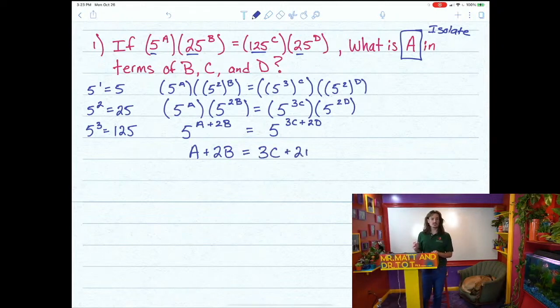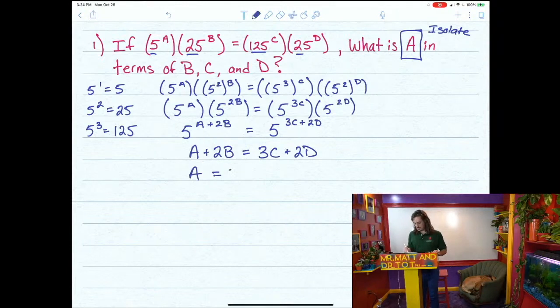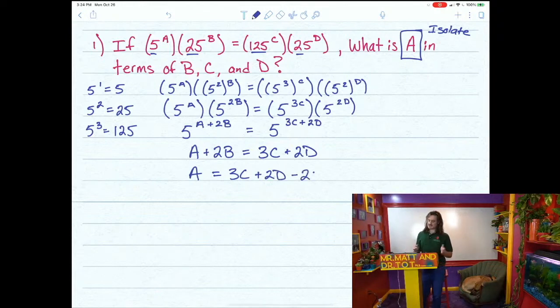And now the goal is just to get a by itself. So I'm going to subtract away 2b. So a is going to be equal to 3c plus 2d minus 2b. And it doesn't matter which order you place them. This is the same thing.